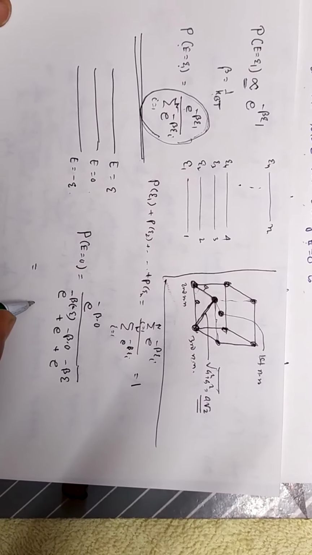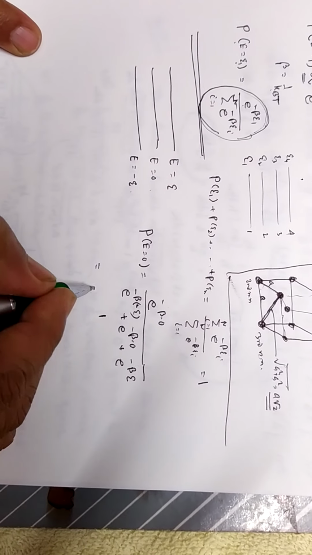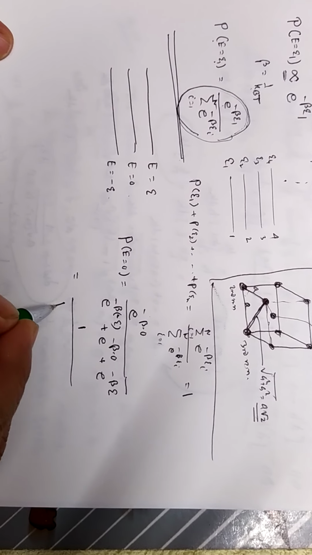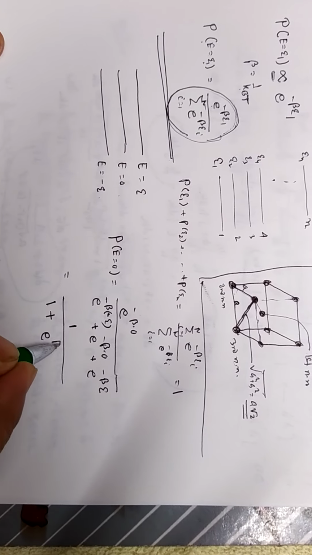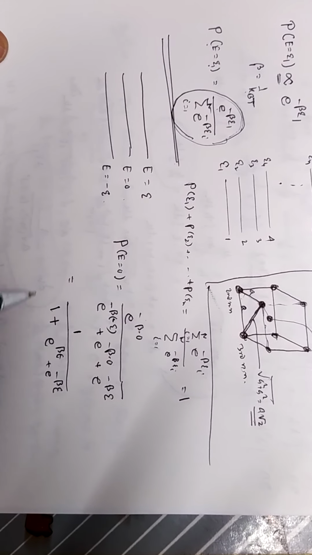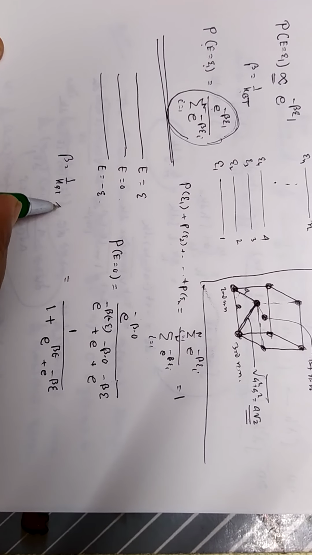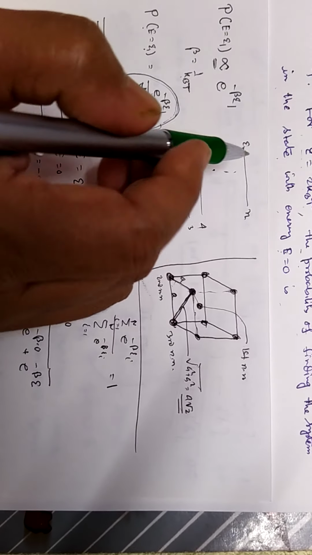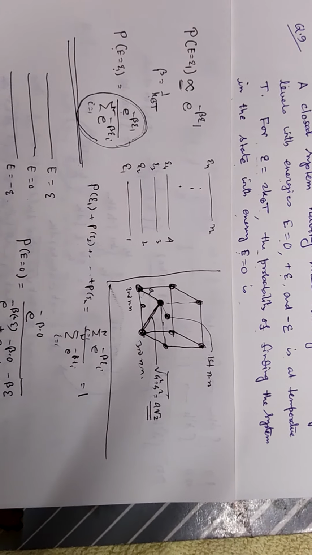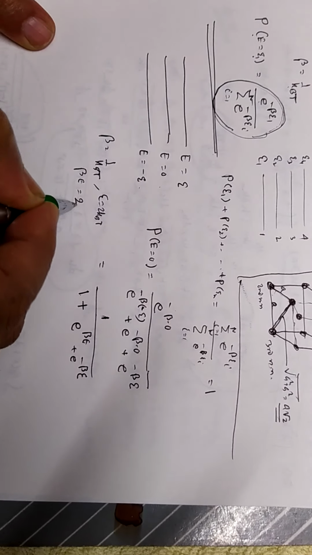So this equals 1 over, this factor is 1, 1 plus e to the power beta epsilon plus e to the power minus beta epsilon, right? And since beta is 1 by kBT, and given that epsilon equals twice kBT, therefore beta epsilon equals 2.